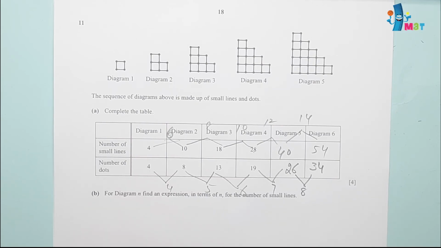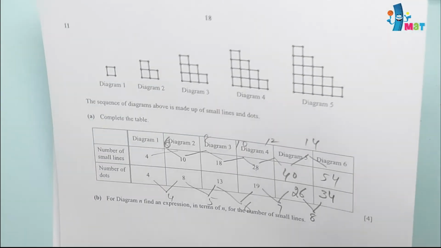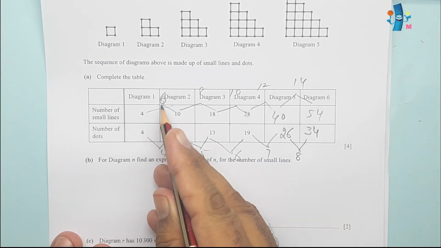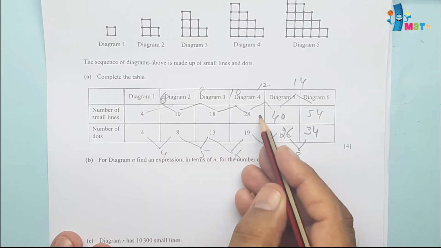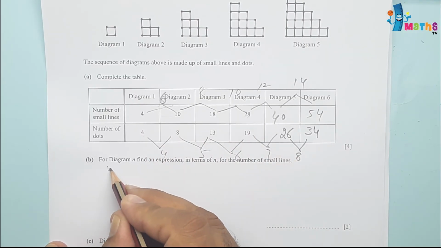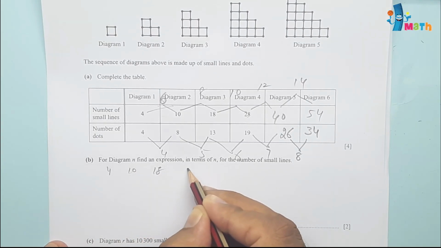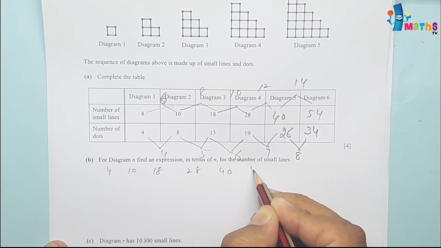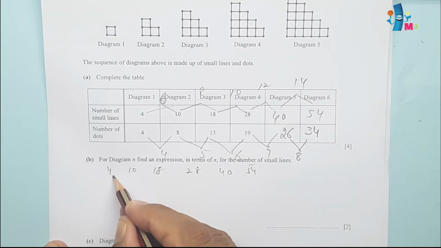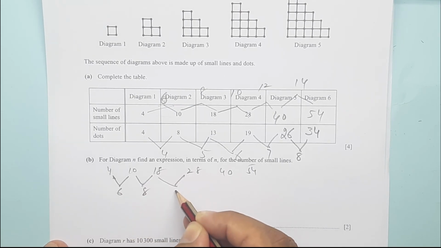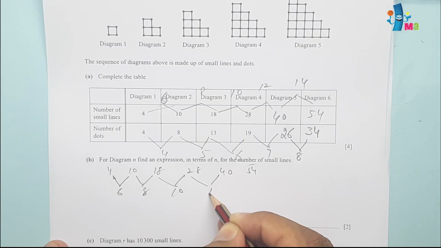For diagram n, find an expression in terms of n for the number of small lines. So if we check this sequence, which is 4, then 10, then 18, and 28, and 40, and 54, the differences between these are 6, then 8, then 10 and 12.